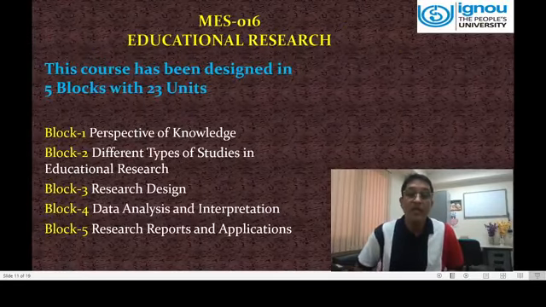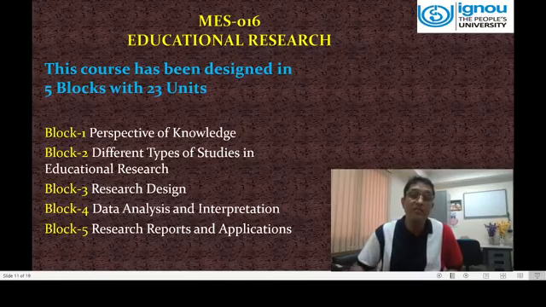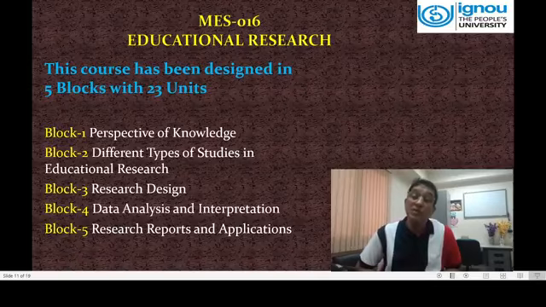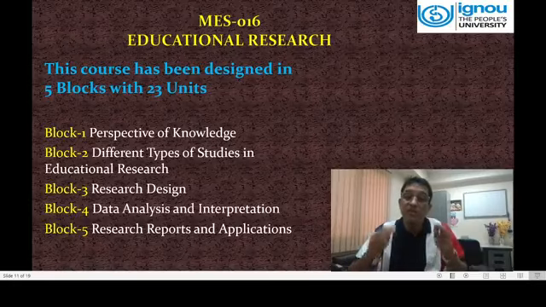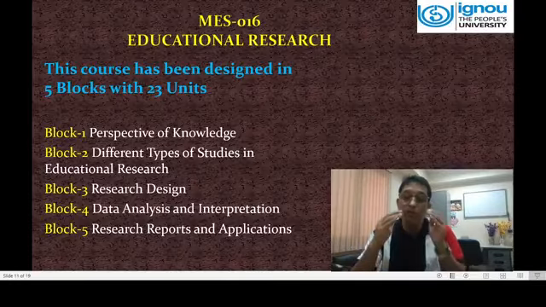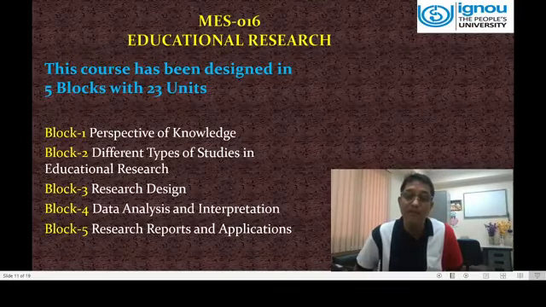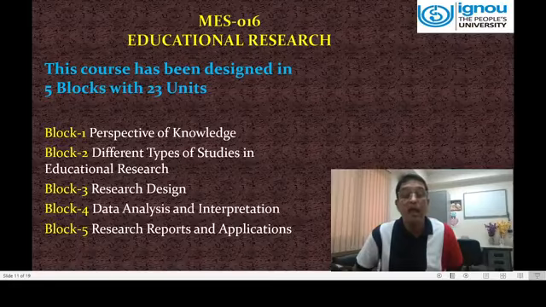Here you see MES 016 educational research. This course has been designed in 5 blocks. You will find that 5 different blocks are there in this course, and a total of 23 units are there. As per our practice, a unit is the smaller portion of the self-learning material, and a few units are included in a block, and a few blocks are included in a course.